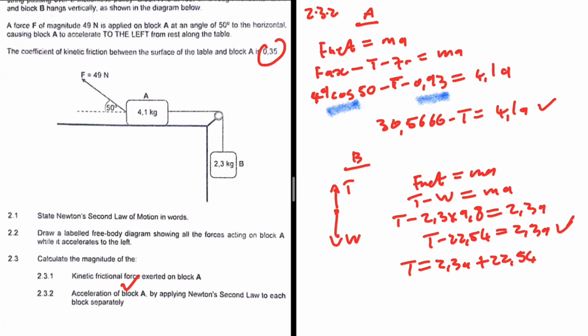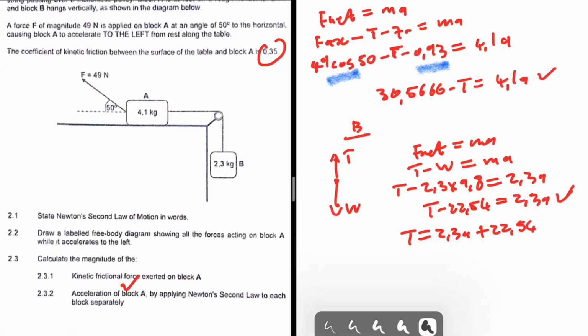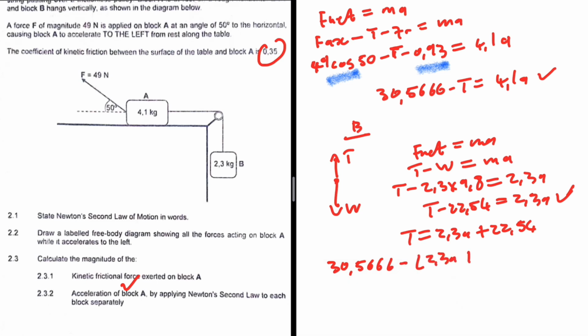I think this is the first time I'm actually doing this. Usually I just add the two equations, but it doesn't really matter, right? The math is correct, we know that for sure. So if we substitute this T in equation 1, we get 30.5666 minus the tension, which is 2.3a plus 22.54, equals 4.1a, right?